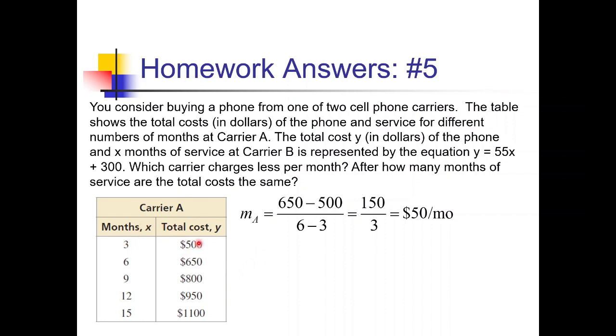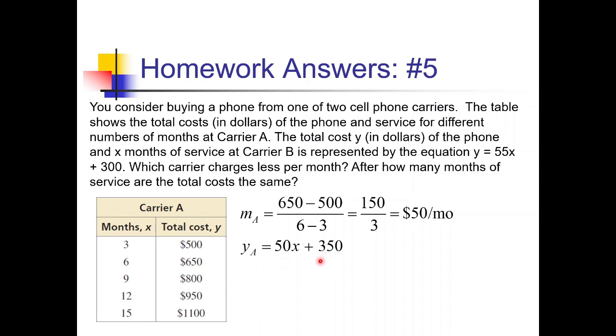But let's just think about this. If you're changing at $50 a month and you're at $500 on month 3, if we go back in time 3 months to month 0, that's going back $150 to give us $350. So for my equation then, I can write y equals 50x, that's our slope, plus we said $350 for the y-intercept.